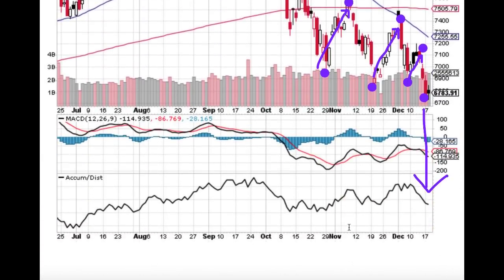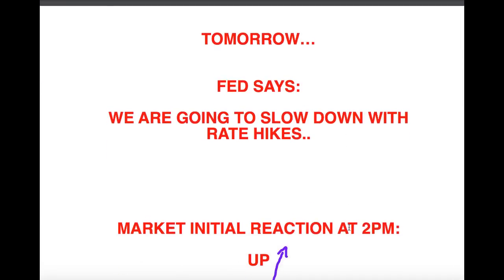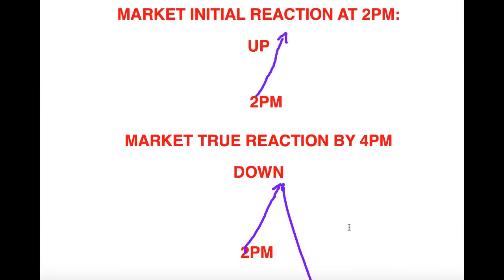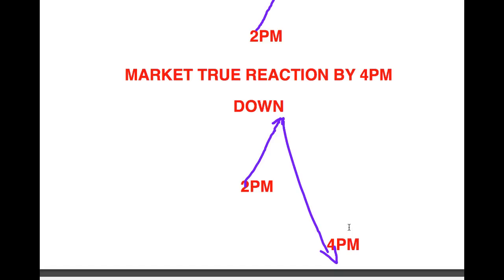Unfortunately for the bulls, the market is going to wipe out those smiles pretty quick, because the true reaction of the market is going to be revealed by 4 p.m. So you will see a spike higher initially, followed by a huge sell-off. Now, the sell-off could be ridiculous, to the extent of maybe 1,000 points on the Dow Jones.